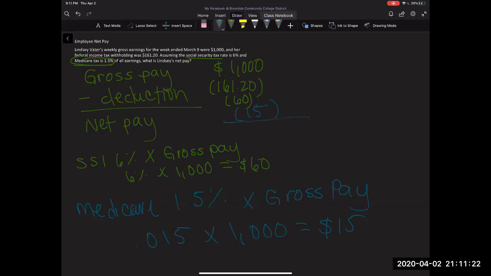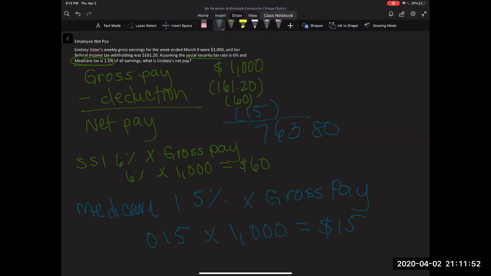Once we do that, our gross pay here is $1,000, and then we subtract out our federal income tax, which is $161.20, then our Social Security, which is $60, and then our Medicare, which is $15, and that all comes out to $763.80.